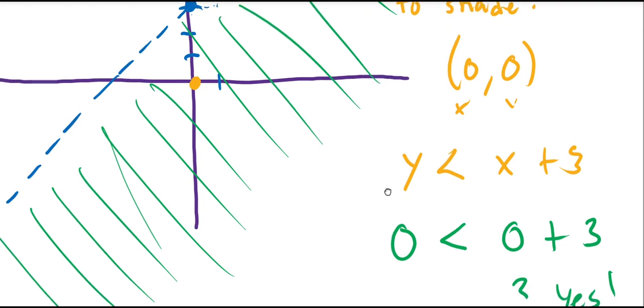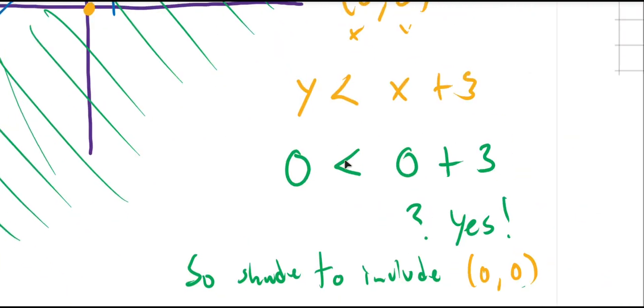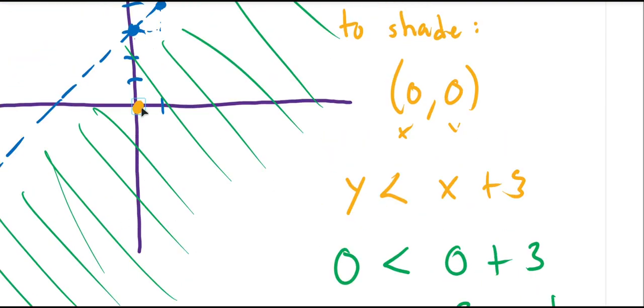Now, plugging in 0 and 0 for x and y, I get the expression 0 is less than 3. And so that means the test point satisfies the inequality. And so will every other point on this side of our first line. So we shade all of those points.